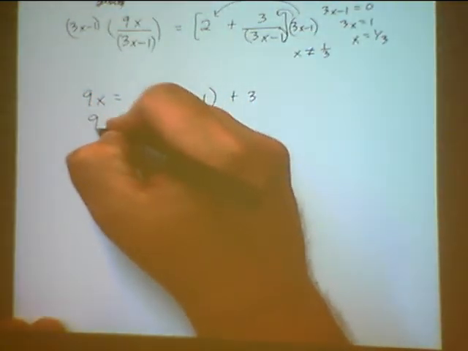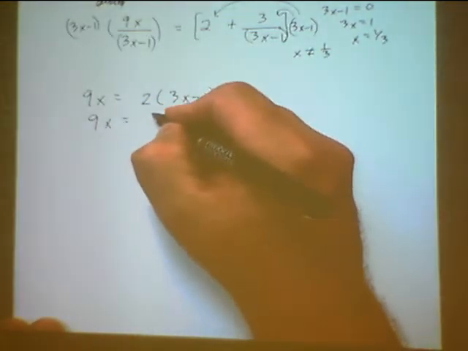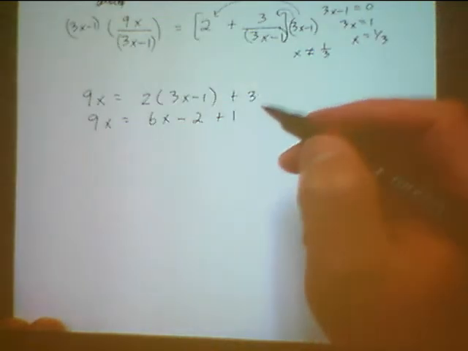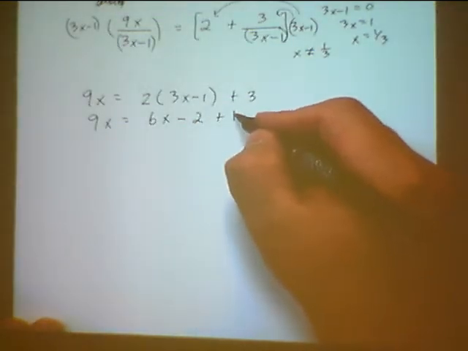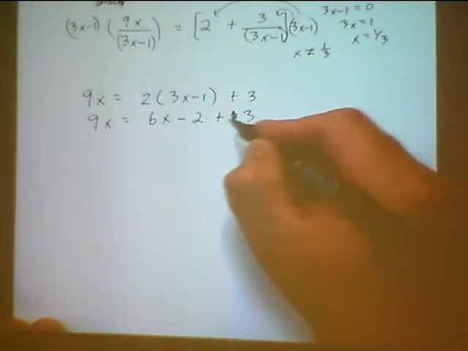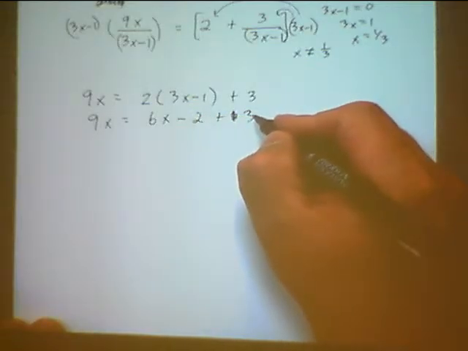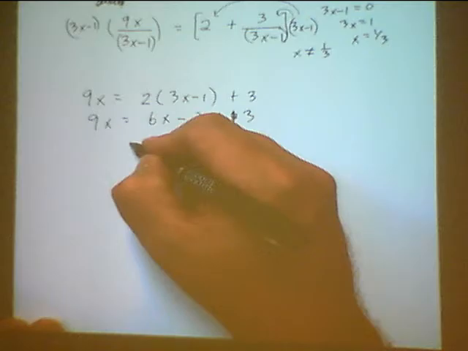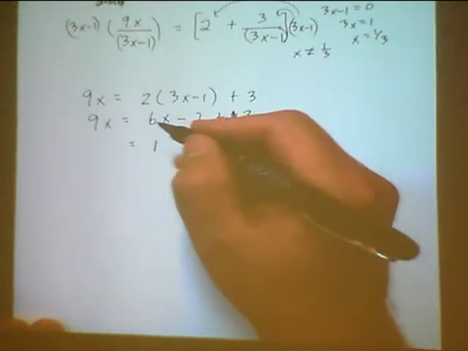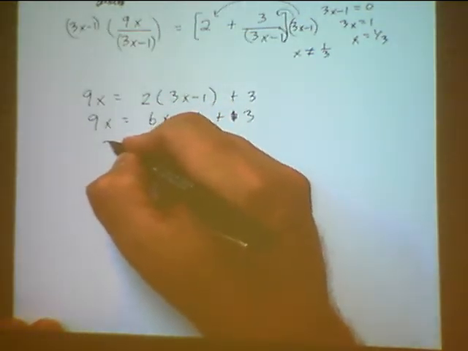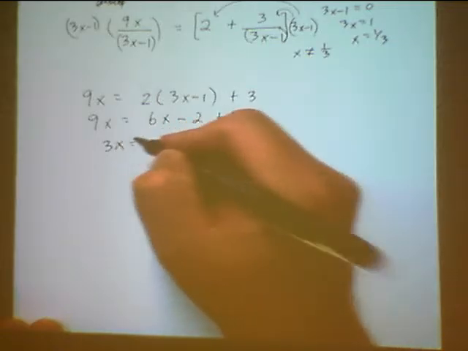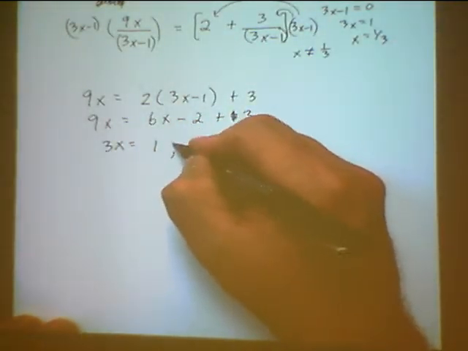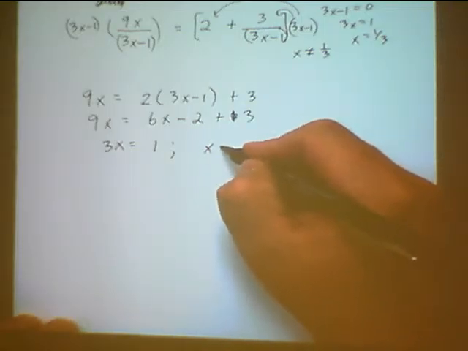So if I multiply out the parentheses, 6x minus 2 plus 3. Negative 2 plus 3 together is 1, so I have 1 over here. And I'm going to subtract 6x from both sides. So 3x equals 1, and now to solve for x, I divide both sides by 3.